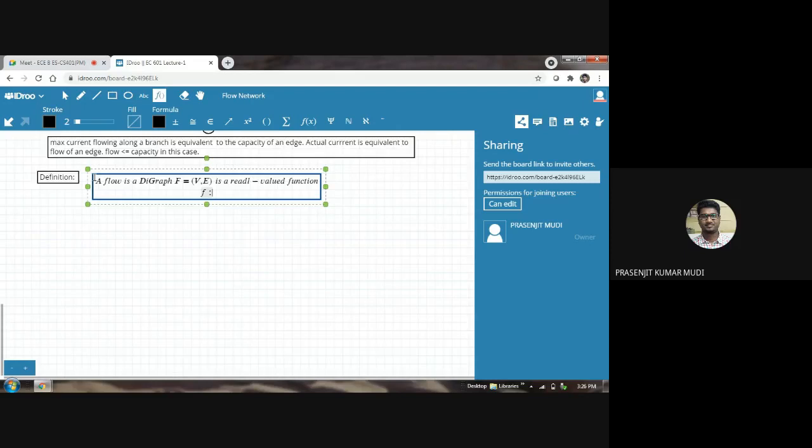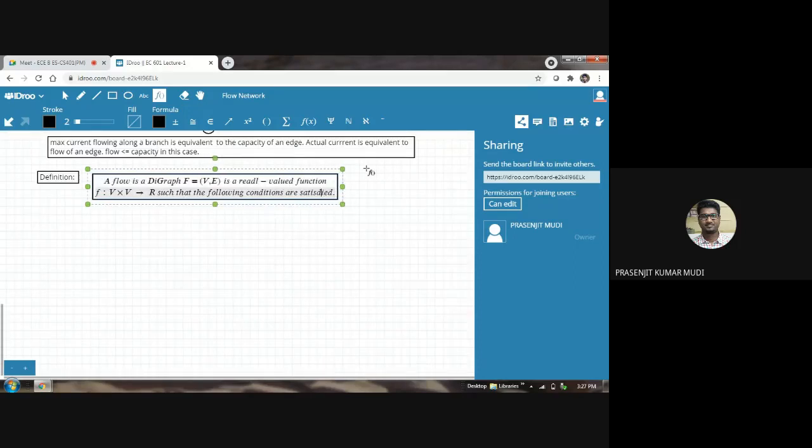Function is supposed to map one domain to a range. The domain is, okay, R, such that the following conditions are satisfied. So that is the thing.